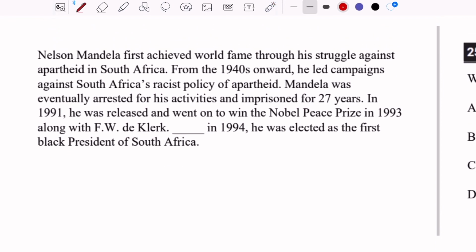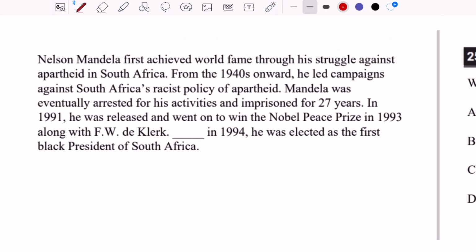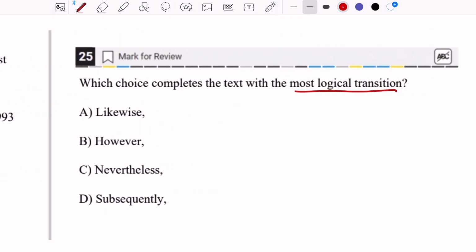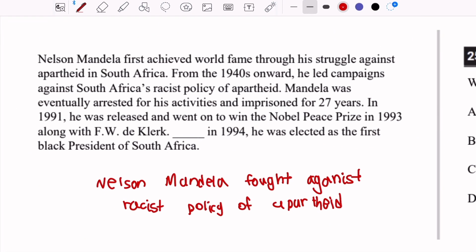So, in the beginning of the paragraph, it says Nelson Mandela fought against some unfair policies, right? Against racist policies of apartheid. Oh, the reason why I organized the paragraph context is this is a question for logical transitions, so you have to know what the paragraph is saying.